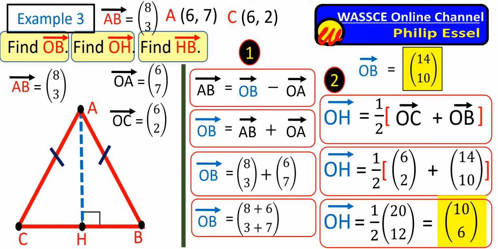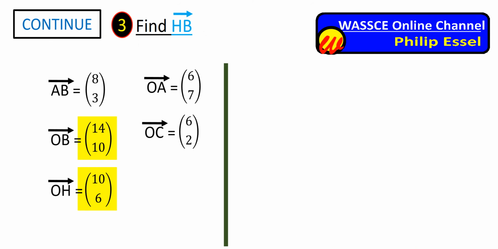Now let's look at the third part of the question. And here we are supposed to find the vector HB. Since this is a fresh page, the information given to us from the question are here, and the ones we calculated by ourselves are also here. We would need them to do our calculations for the vector HB.